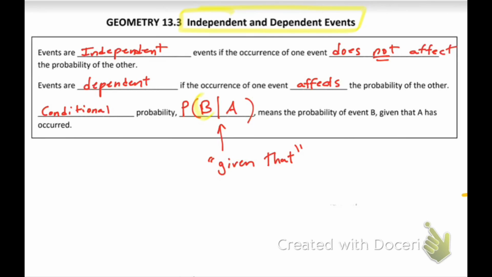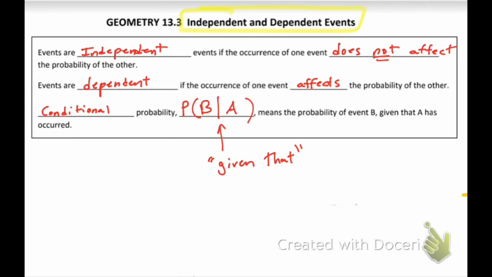And we have our two events, A and B. We're going to say that event B occurs given that event A already has occurred. So conditional probability is a probability that has conditions attached to it.